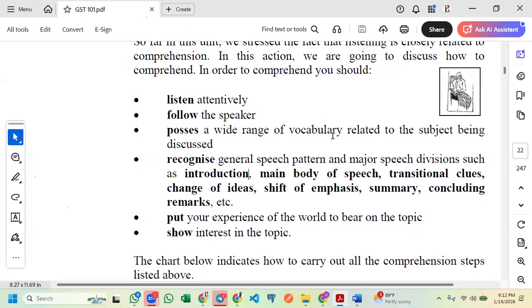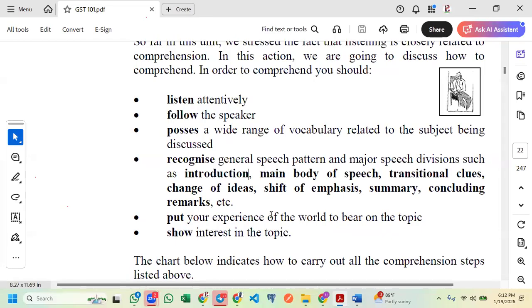Always learn new vocabularies every day. There are so many vocabularies in the world, but try your best to learn as much as you can. Recognize general speech patterns. You should know that a speech is always divided into many divisions, so you know where to focus more when the person is giving the speech.